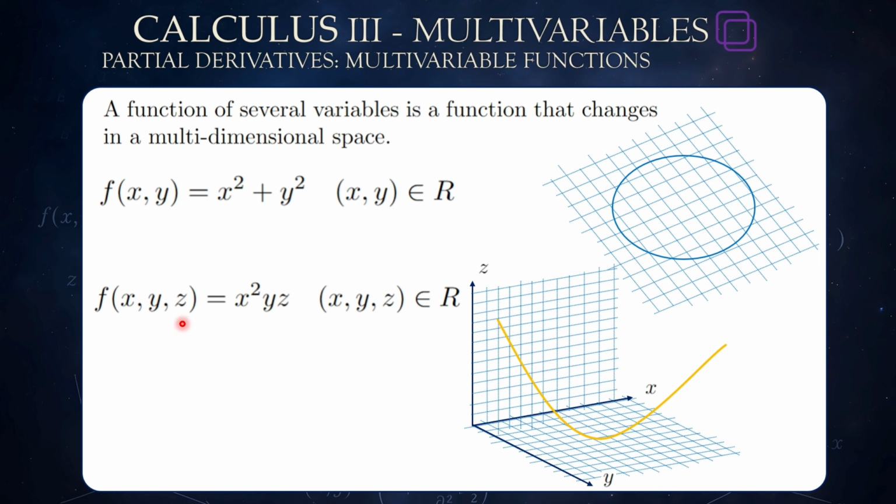Or f(x,y,z) = x²yz, which is a function in 3D space. Here you have x, y, and z, 3 dimensions instead of 2. Of course, all of them also belong to the real numbers. So this would be the representation of such functions.